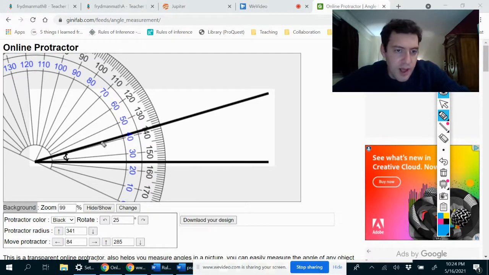So this line over here is going through what? This would be, let's see, if this is 40, not 140 here, I'm using the inside set of numbers right now. So if this is 40, then this would be 41. We can see we're going up this way, 10, 20, 30, 40.